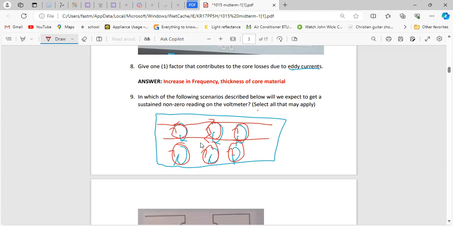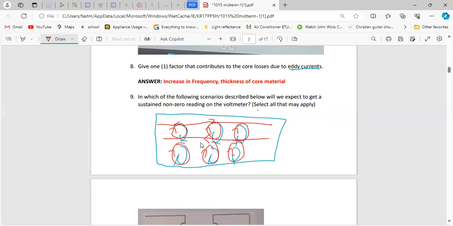I think I sent a picture in the chat with the equation for eddy currents. At low frequencies, you wouldn't have that many eddy currents, because the direction is changing so slowly that the electrons could go in one direction and have time to realize that change and go back. You wouldn't have as many eddy loops.